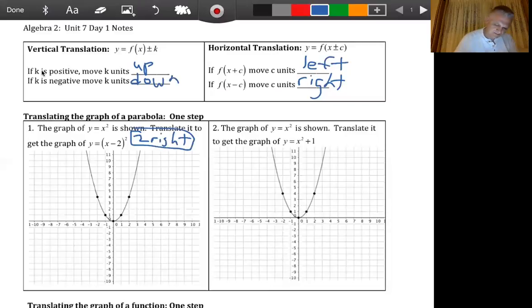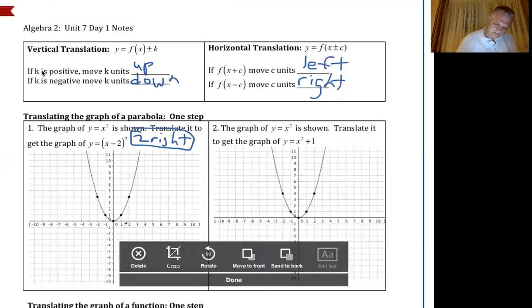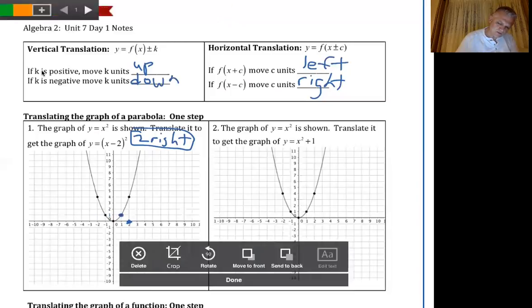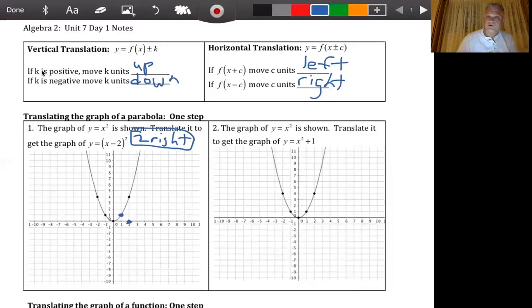Okay, so we are translating everything 2 units to the right. We take 0, 0, which is your vertex, and go 2 units to the right. We take negative 1, 1, and move it 2 units to the right, which happens to be on top of 1, 1.